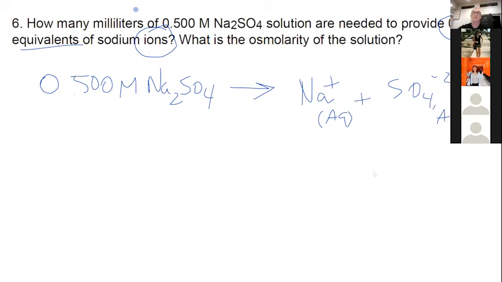But that's not balanced, is it? No, you have to have a 2 coefficient on the sodium. That's right. So if I have half molar of this ionic solid that dissolves in water, what's going to be my concentration of sodium ions?